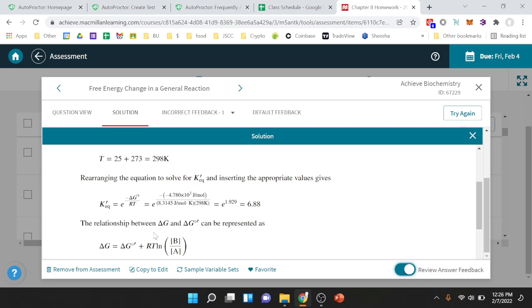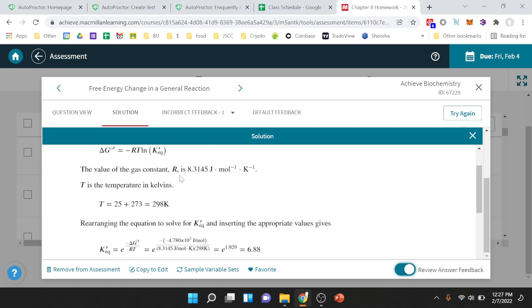What's delta G for equilibrium? Is an equilibrium spontaneous in either direction? No, it's not, right? Or another way of putting it is it's spontaneous in both directions. Okay? Well, where would that happen? That would be delta G equals 0, right?